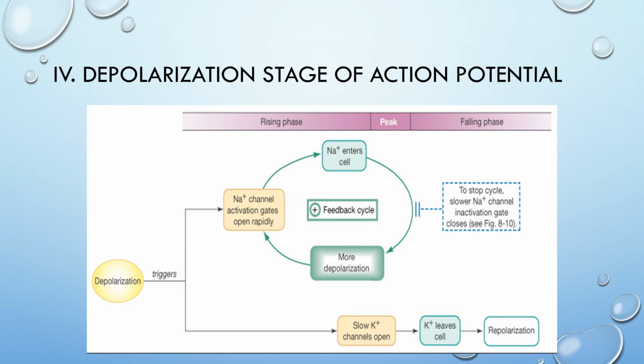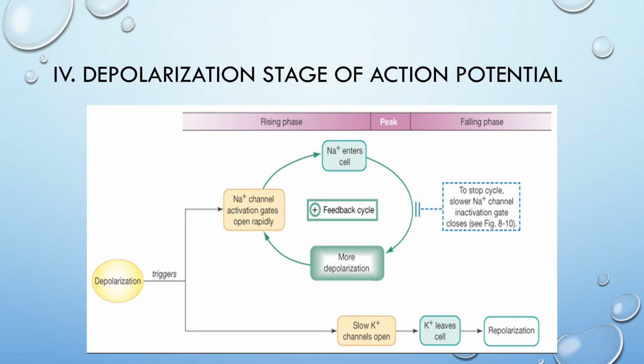And last, positive feedback mechanism occurs during the depolarization stage of the action potential, where during depolarization, sodium channels will open, and this opening of sodium channels will initiate the adjacent cell to open its channels, causing more sodium to enter and more depolarization to occur.